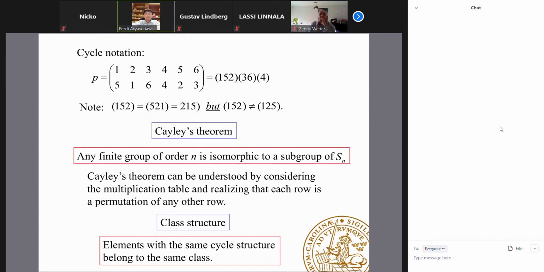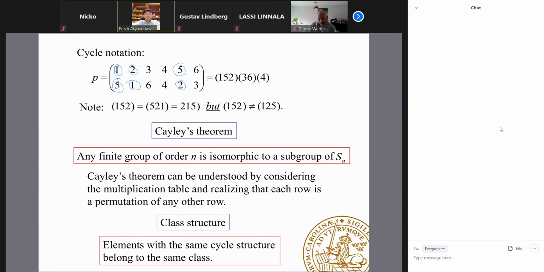But it is also possible to write permutations using what is called cycle notation. It is also a useful way of writing permutations. Let's consider an example, and it will be clear what it means. We take this as a permutation of 6 objects, one particular permutation. We see that 1 goes to 5, and then 5 goes to 2, and then 2 goes back to 1.